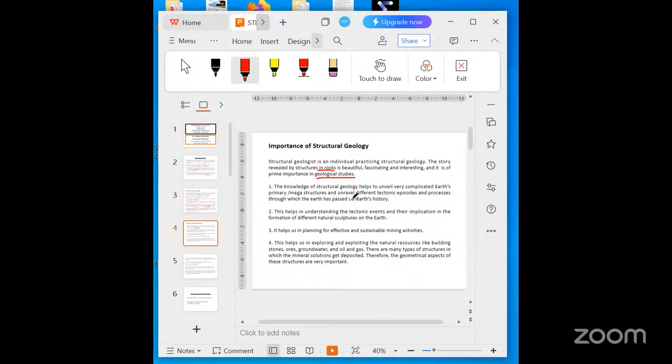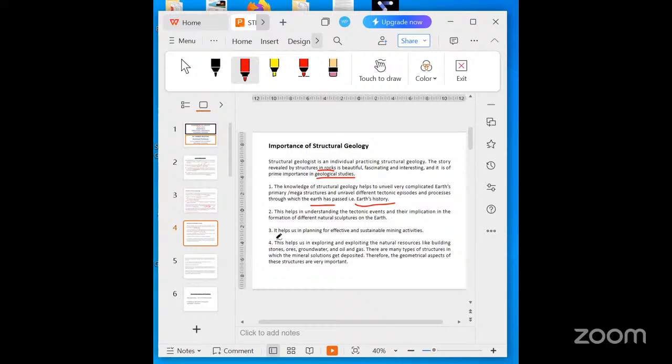The knowledge of structural geology helps to unveil very complicated Earth's primary structures or megastructures and unravel different tectonic episodes and processes through which the Earth has passed, that is, the Earth history. This helps in understanding the tectonic events and their implication in the formation of different natural sculptures on the earth.